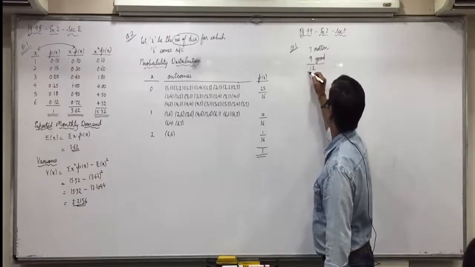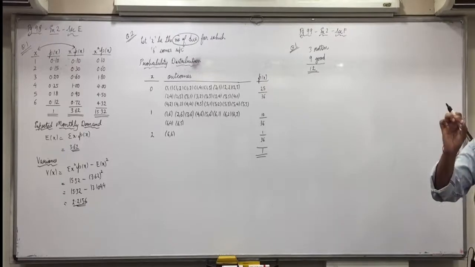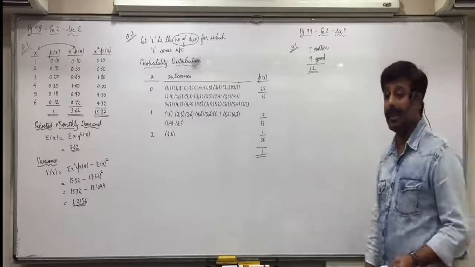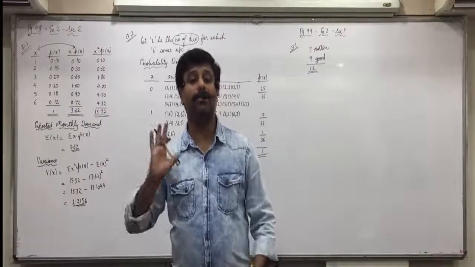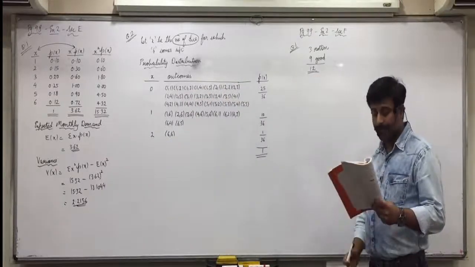Total 12 mangoes. Any confusion in this? Now, 3 mangoes are randomly selected from the box without replacement. So we can do that formula of 12C3.